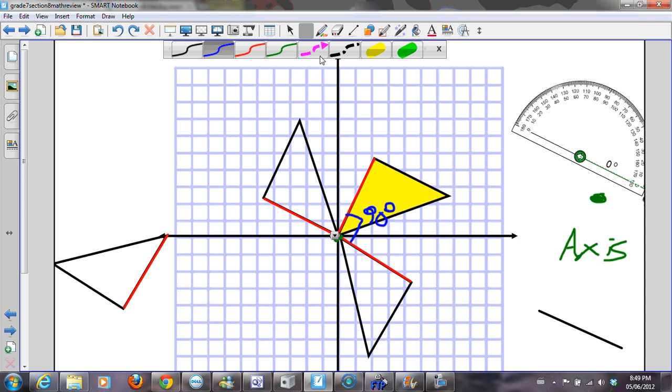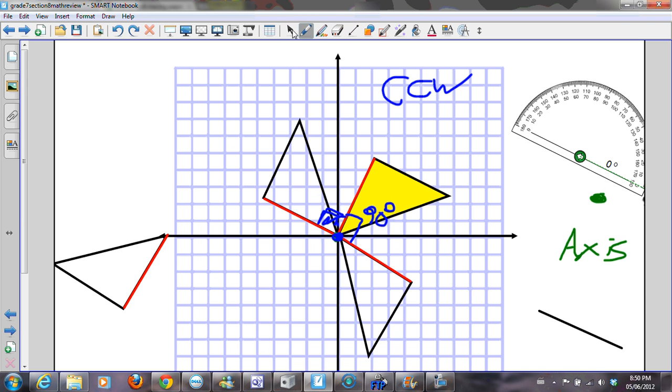Okay. So I could check that with, so this right here should be 90 degrees from here to here, and it should be counterclockwise. So that is a 90-degree rotation counterclockwise about the origin, which is the middle, right here.